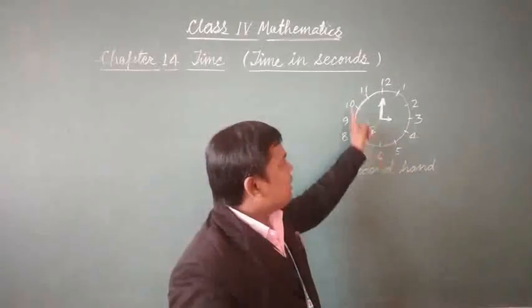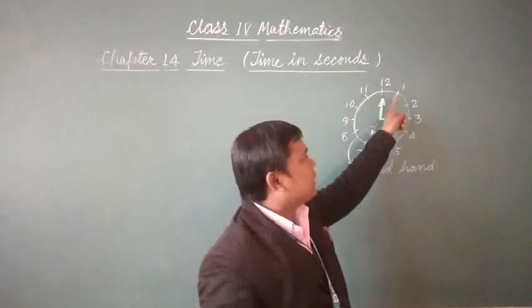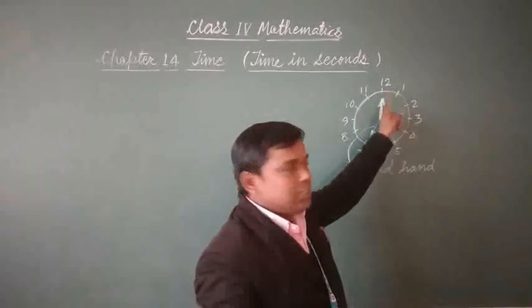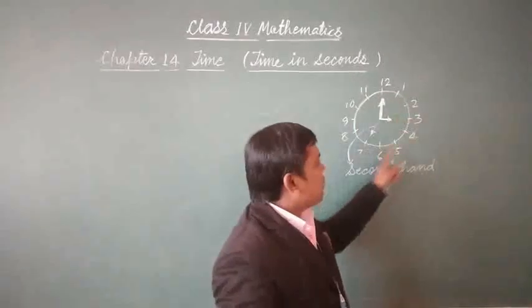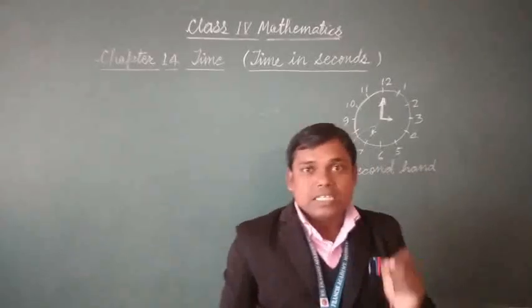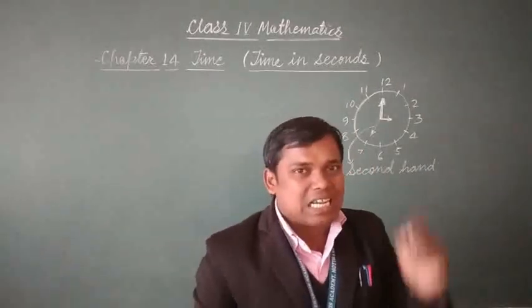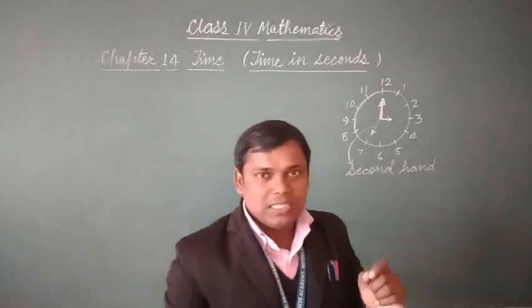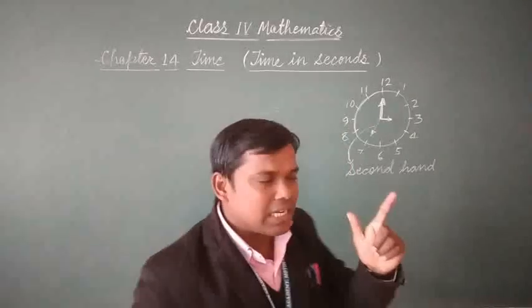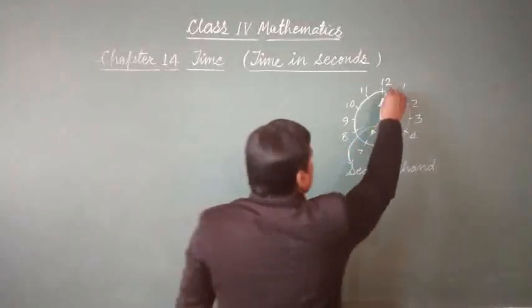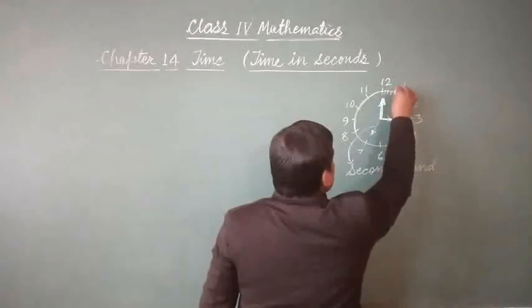When this second hand makes one complete rotation, it completes 60 seconds. How many seconds? 60 seconds. As you know, there are a total of 60 divisions from here to here.